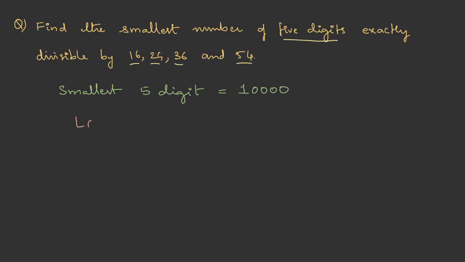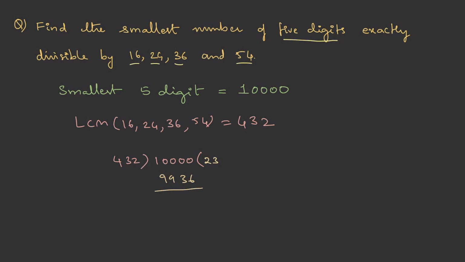So let me take the LCM of 16, 24, 36 and 54. The LCM is 432. Now divide 10000 by 432. 23 times 432 is 9936, which leaves a remainder 64. It means that 9936 is divisible.